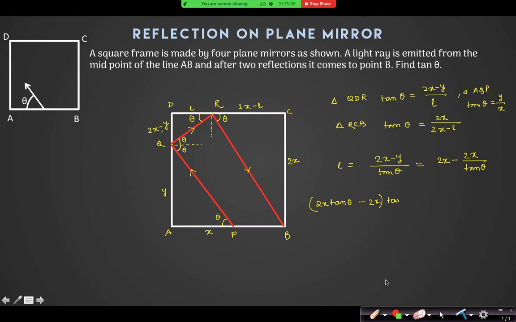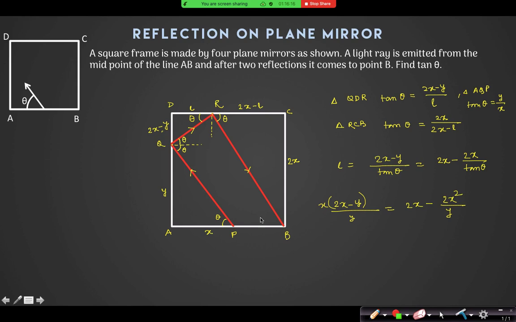Okay, let us put the value of tan theta there. (2x minus y) by tan theta, tan theta is y by x, is equal to 2x minus 2x by tan theta, tan theta is y by x.